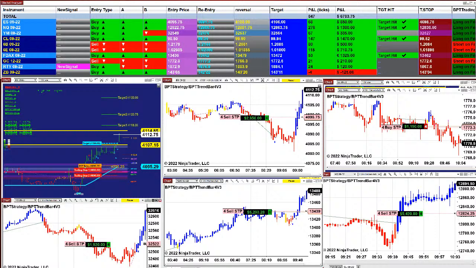Watch out for target 1, please. 4118, target 1, profit taken at 4118.